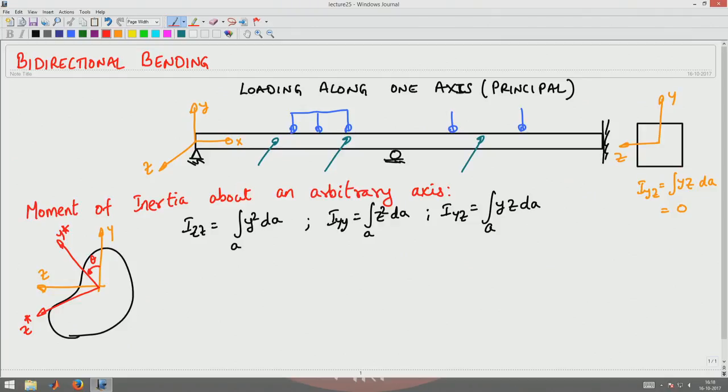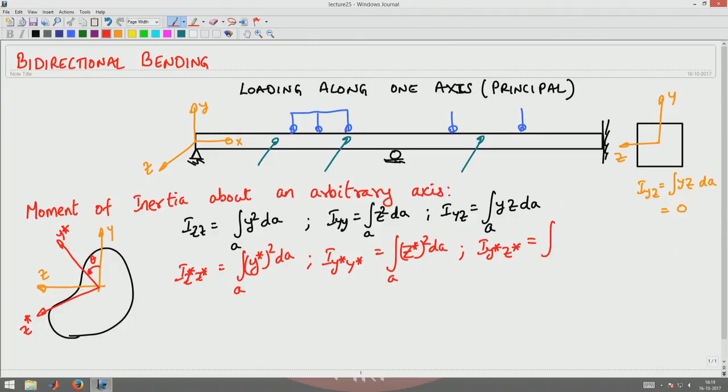Now, what happens, I z star would be integral y star square dA, same area of cross section, and I y star would be integral z star square dA, again over the area of the cross section, and I y star z star is going to be integral y star z star dA, over the area of the cross section. Okay.